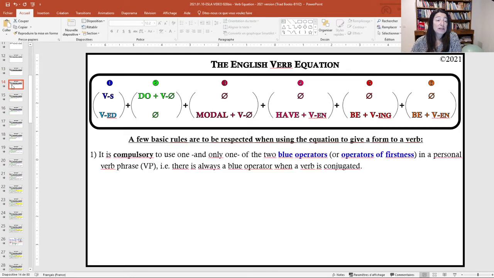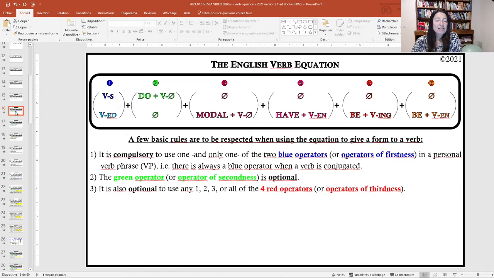The first one is that we always need to choose either VS or VED. One of these two operators is always present as soon as a verb is conjugated. The second rule is that the green operator is optional, so you don't have to use it. And it's the same for all the red operators.